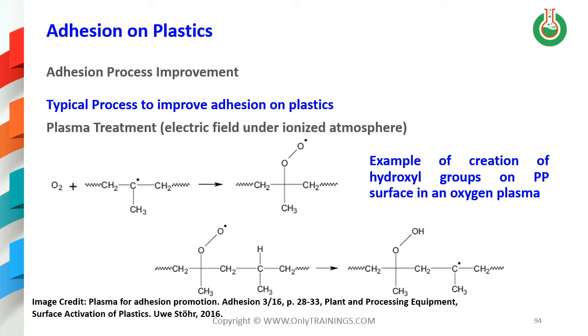And here, an example of creation of hydroxyl groups on a PP surface in an oxygen plasma. Let's suppose that I have here the plastic without the hydrogen. The hydrogen was dislocated by the heat with some noble gas. You have the oxygen inside the chamber. This oxygen molecule reacts, one oxygen with the carbon, creating a single bond with the free carbon, and another oxygen group here with an electron pair available to react.